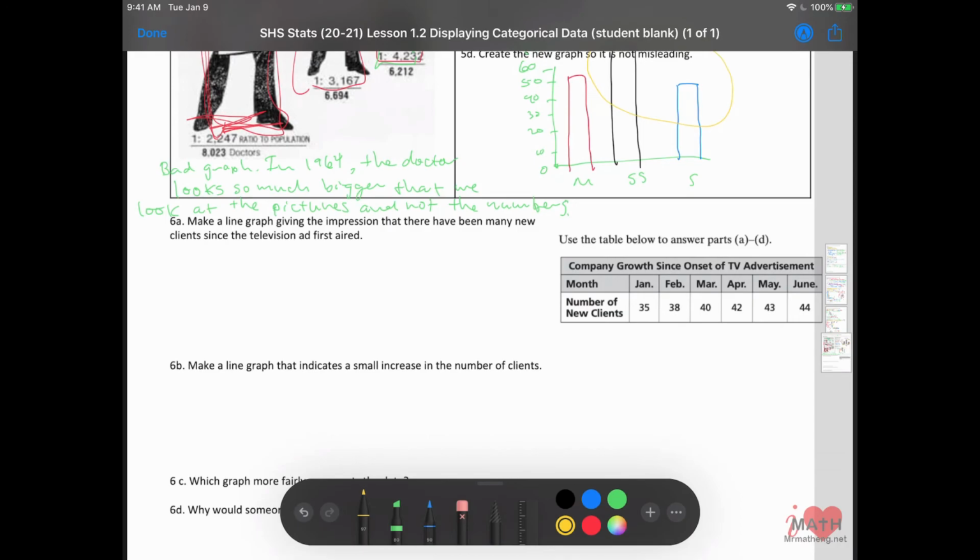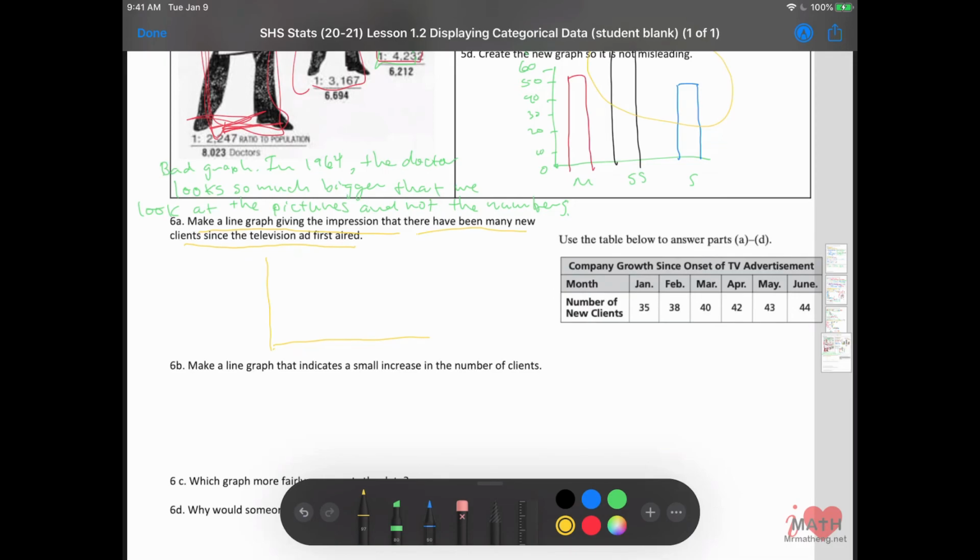All right. 6A. Make a line graph giving the impression that there may have been many new clients since the first television ad appeared. So let's go ahead and just create it. And it's all about your scales.